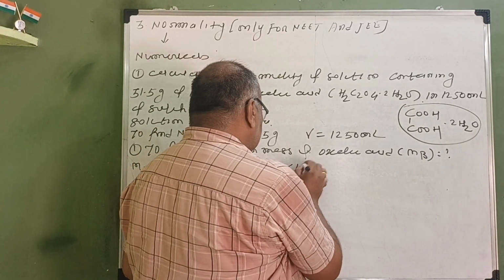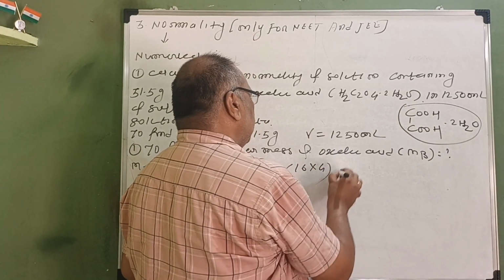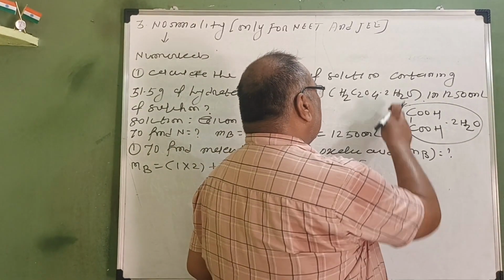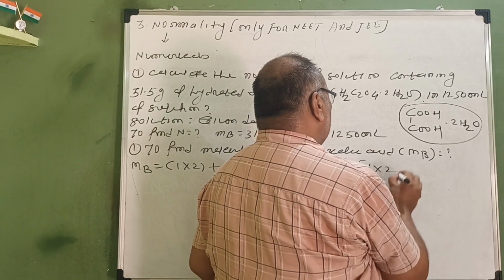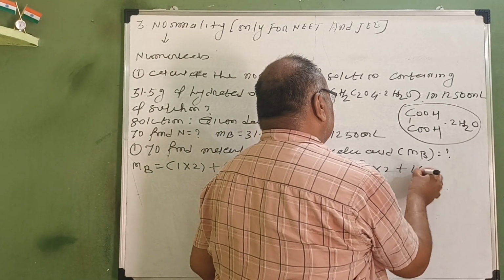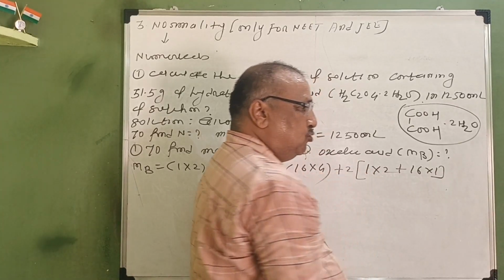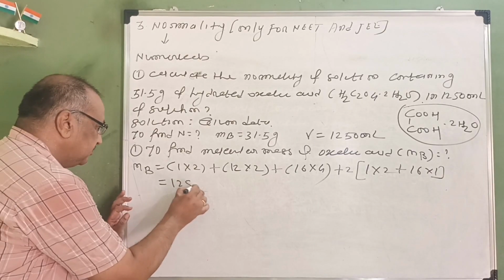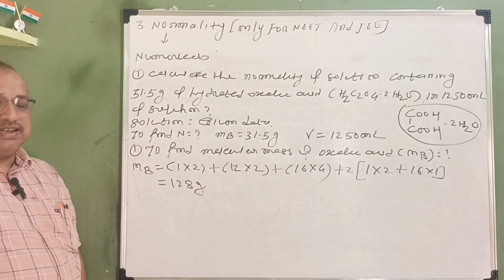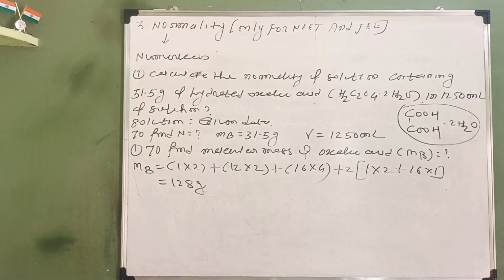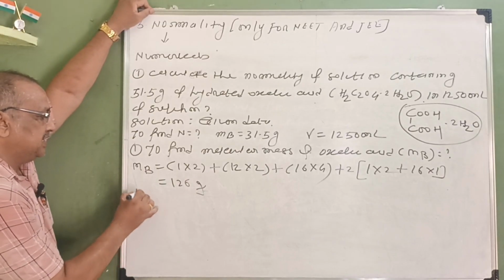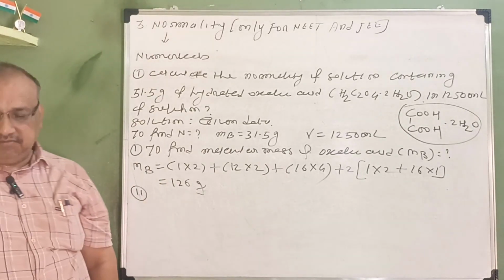Atomic mass of oxygen is 16 into 4 plus 2 times atomic mass of hydrogen is 1 into 2 plus that of oxygen is 16 into 1, and which is equal to 126 gram.